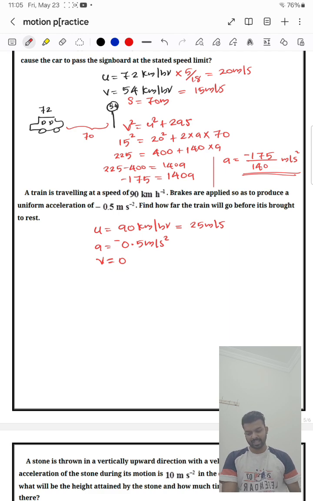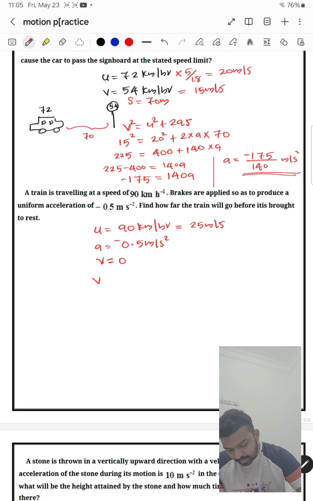Let's see, we can use the first equation, right? V is equal to U plus AT.